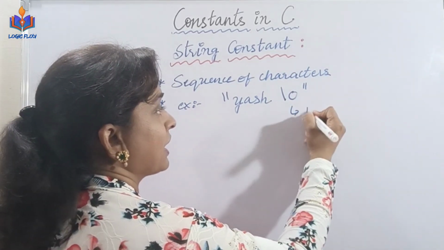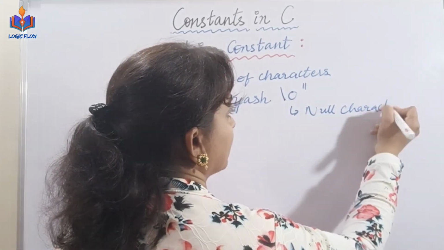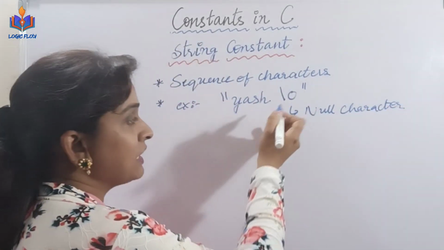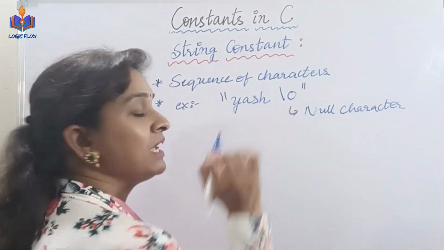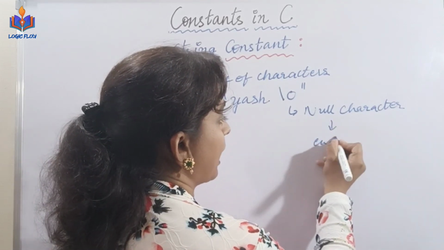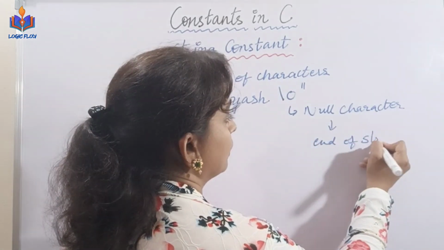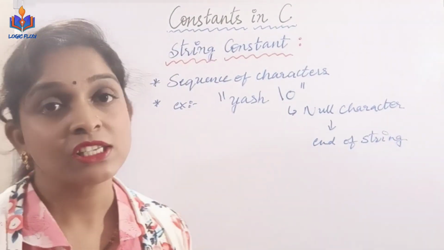This null character indicates the end of the string. When the null character is encountered by the compiler, it gets to know that we are at the end of the string. So this is what we have with the string constant.